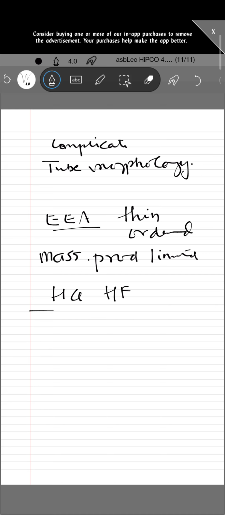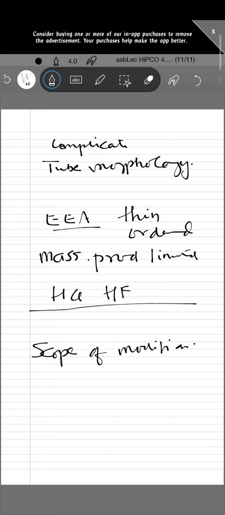The hydrothermal treatment, as told previously, is supposed to be the best technique to produce a large amount of titanium nanotubes, and it has a lot of scope of modifications as well. You can introduce different types of impurities.